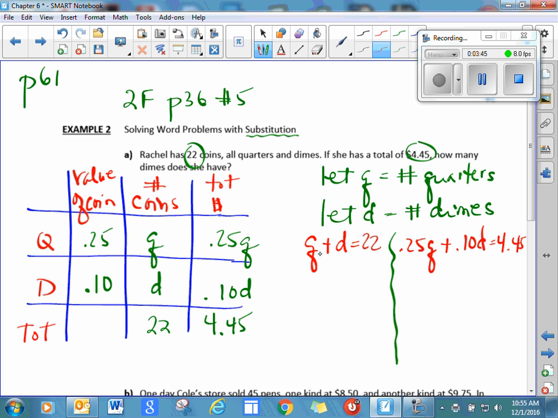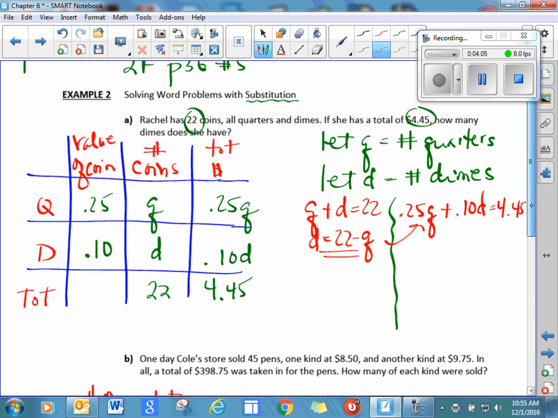This equation has a nice, neat coefficient of 1 in front of both of the variables. So I am going to pick this equation to manipulate, and I'm going to say D is equal to 22 minus Q. And this is what I am going to use to substitute into the other equation.